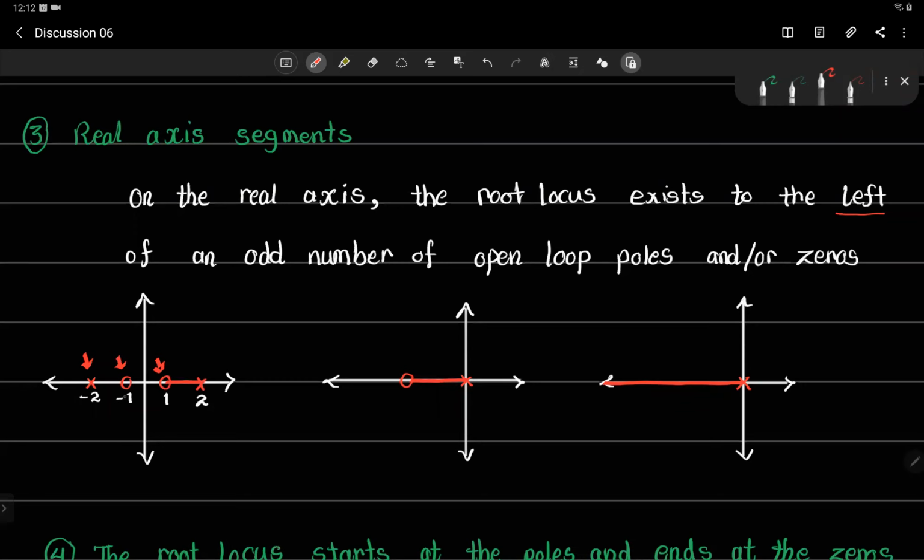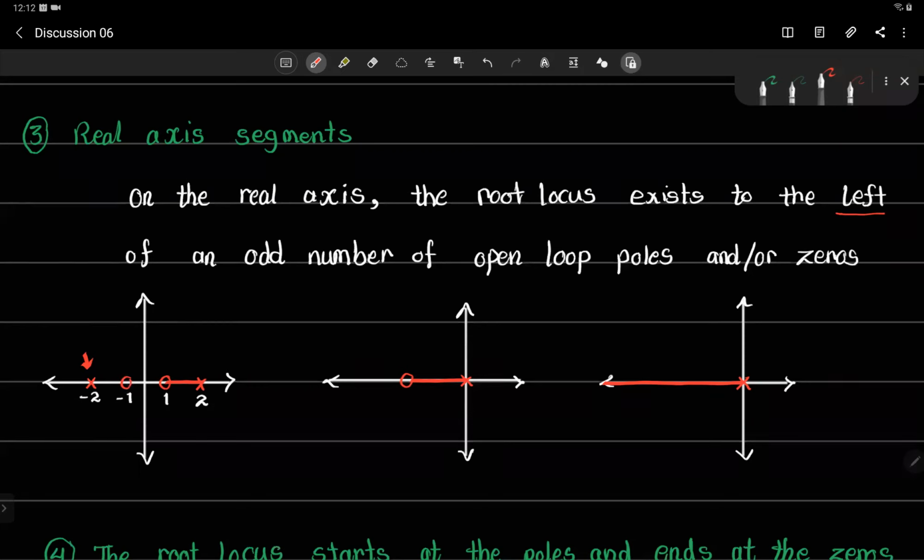Now the points between -1 and 1 have an even number to the left, which means that this segment between -1 and 1 does not belong to the root locus.